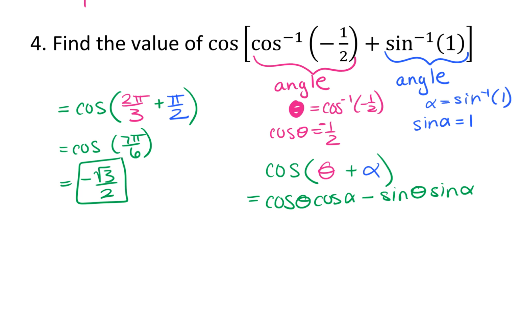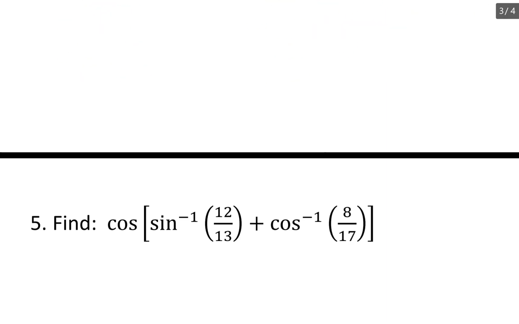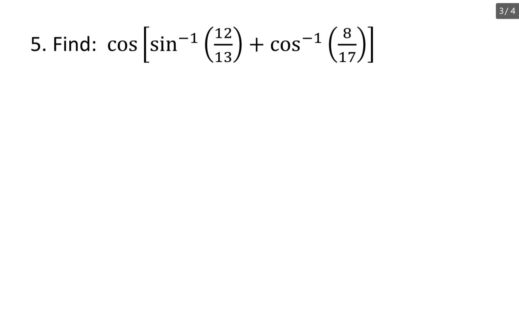All right, so number 5. Let's bridge this into a problem that's not unit circle values. Just like we said, this represents an angle, so let's call that angle theta.